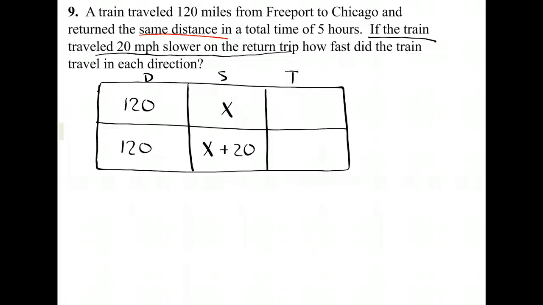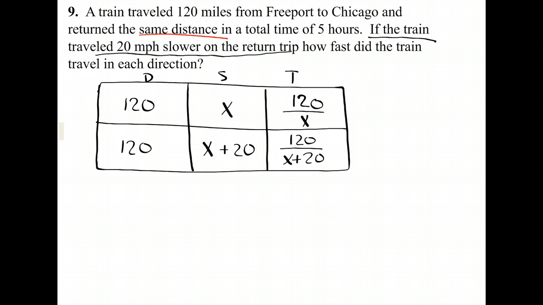So the time, this is where people get goofed up. They want to put something to do with the number 5 in this time slot, but it's not 5. We want that as an expression of distance over speed. So that's 120 over x, and here is 120 over x plus 20.